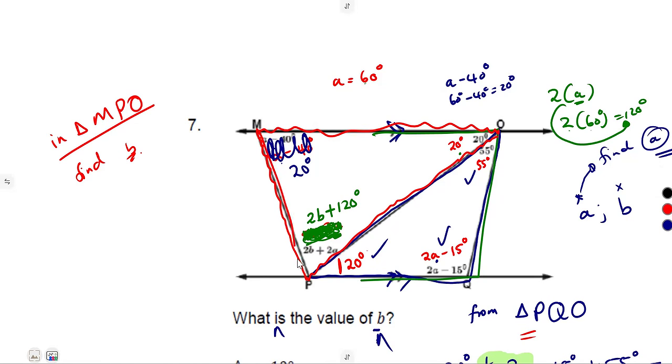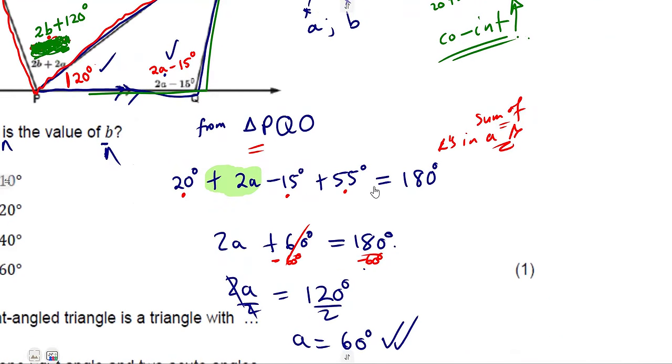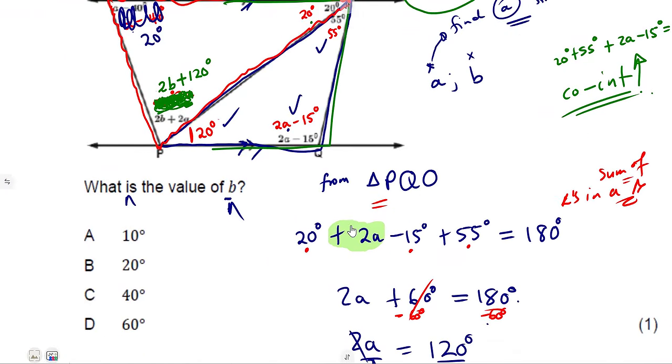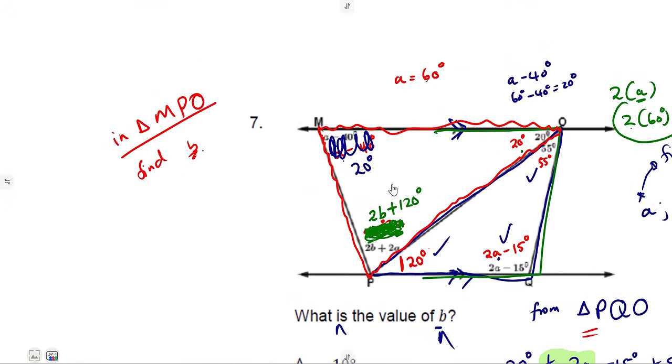You can see that in this triangle MPO, we only have one unknown value now, which is B, because we substituted the A that we obtained. So let us form the same thing, just like here, sum of angles in a triangle, but you are considering a different triangle now.